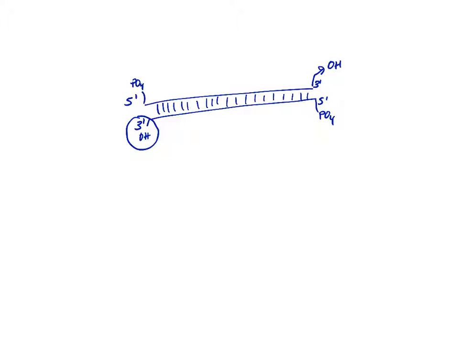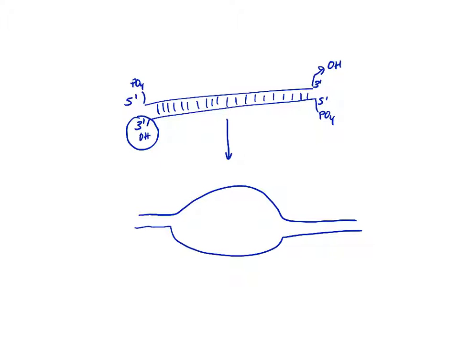So during DNA synthesis, this is going to open. Helicase is going to come in and open this up, right? This is what we call a replication bubble. So here's your 5' area, and this is 3', and this is 5', and this is 3'.